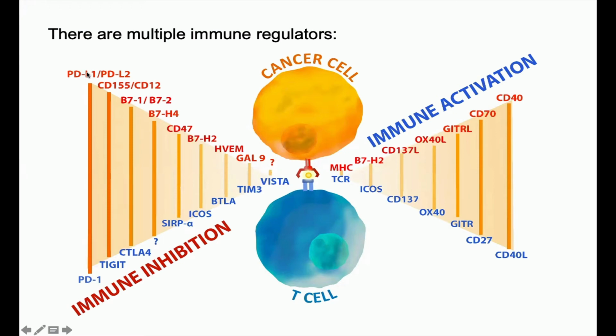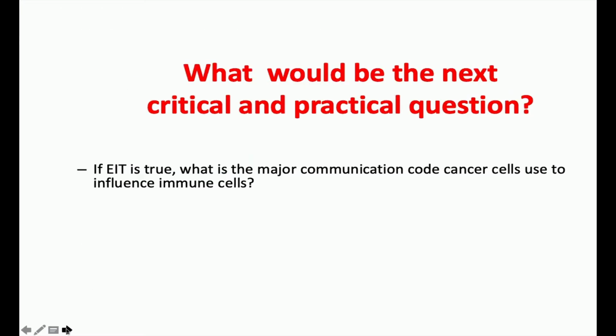But PD-L1, PD-1 is just one of so many players between T cell and cancer cell. Imagine you have NK cells, B cells, macrophages, and so many different types of immune cells. So then we asked the next question: what would be the major communication code between cancer cells and the immune cells?